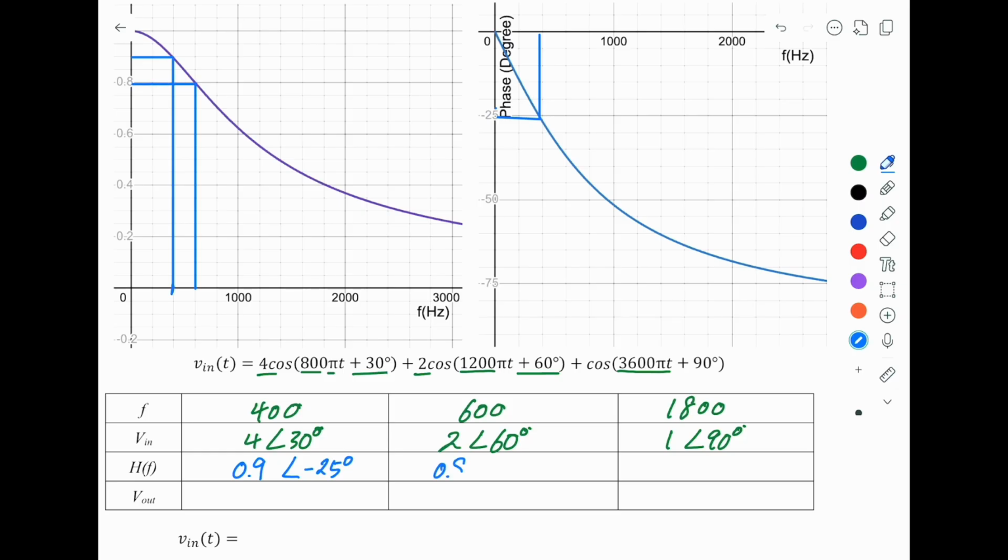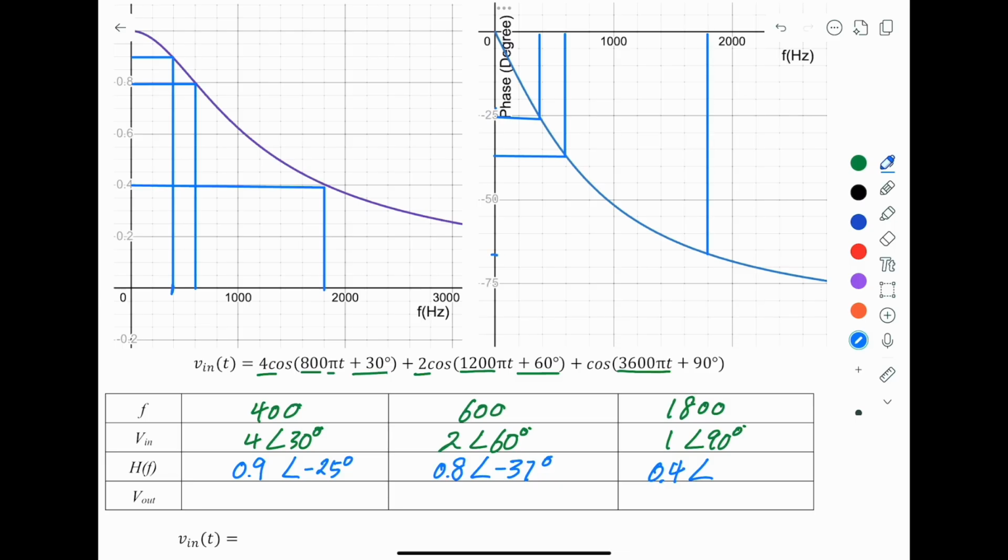And the angle here, I think it's very clear, is more than 35, and 37 is good enough for minus 37 degree. 1800 Hertz, so 1800 here, and this is about 0.4, and the angle here, I would say roughly about 60, 65, and 67, minus 67 degree.